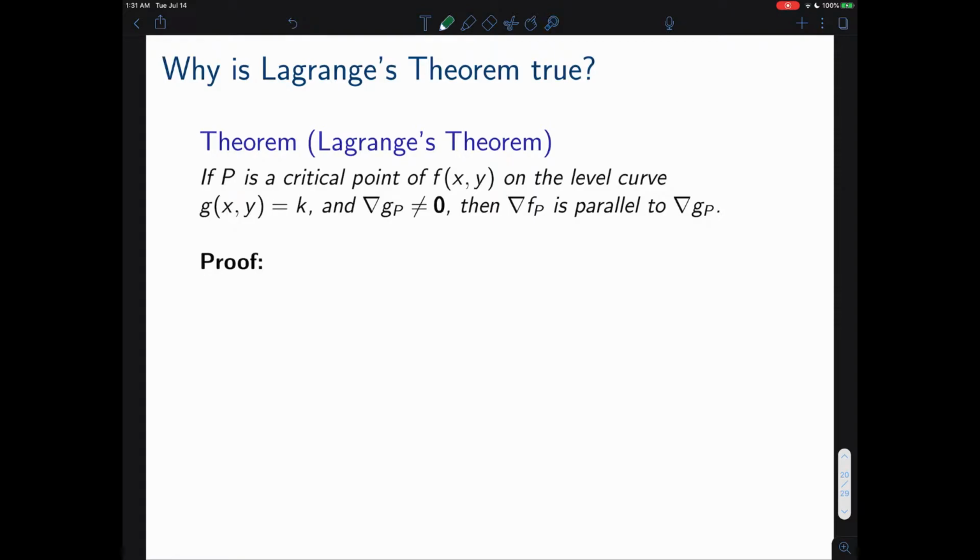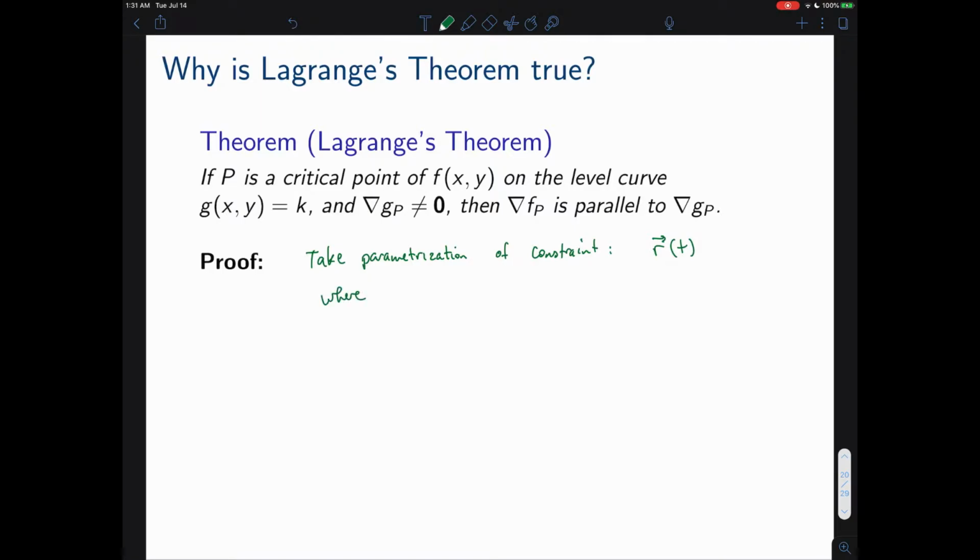So here's how you can prove it. You take a parametrization of the constraint. The constraint curve is a curve, and we can do a parametrized curve, which we saw in the previous chapter of the Stewart book. Let's call that r(t).